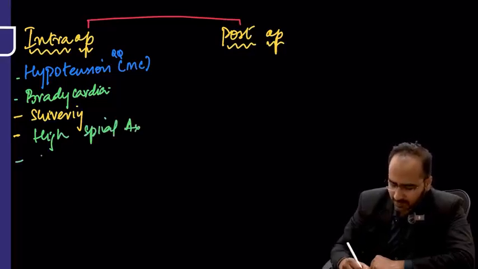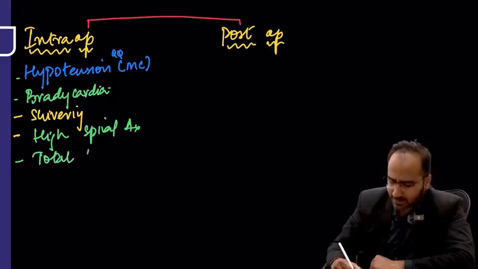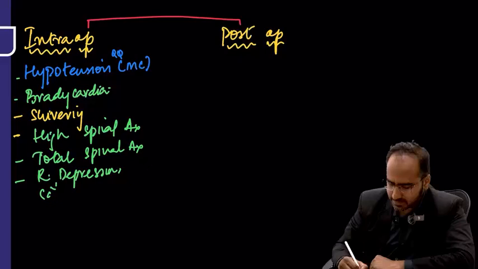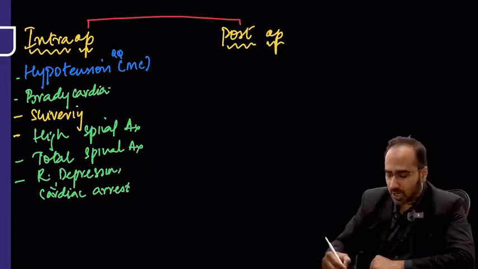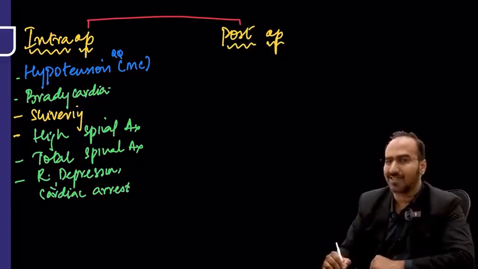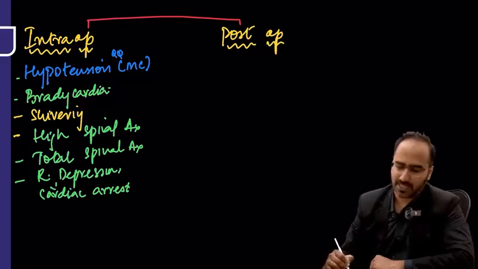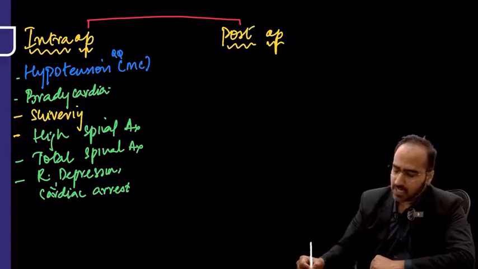The patient might have total spinal anesthesia, and due to this, respiratory depression leading to cardiac arrest. We are going from the most common to the least common, guys. Cardiac arrest is the least common side effect of spinal, but one has to be ready for it. These are the intra-op complications.